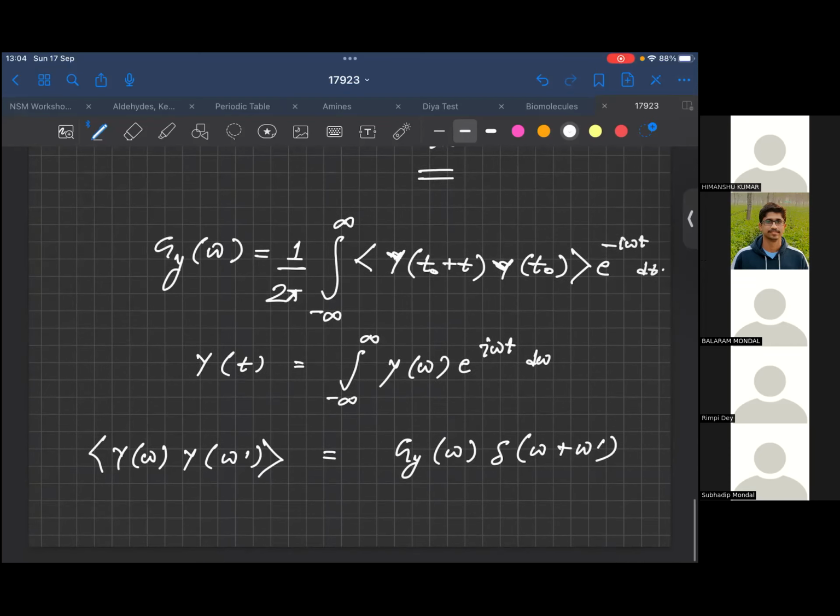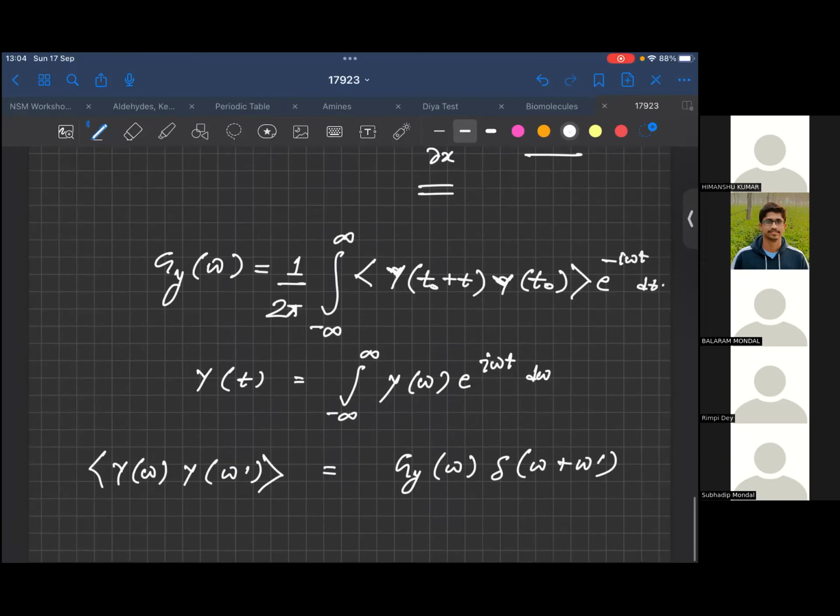Yeah, and my second doubt is how is it different from the dipole autocorrelation function? Like, that's a different physical observable, right? Like, velocity autocorrelation function Fourier transform, we just call it power spectrum.